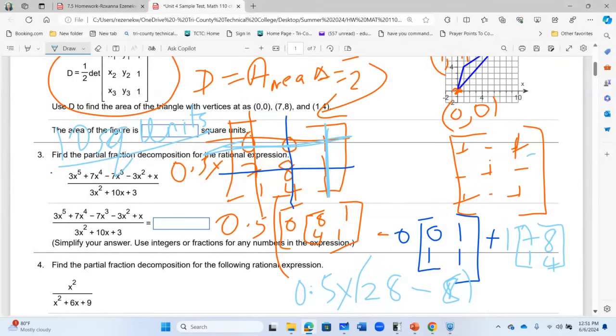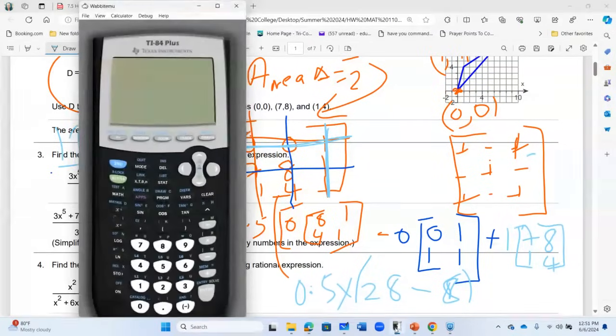But if I want to use my calculator, I'll just put that in my calculator and find the area. So I will edit the matrix: turn my calculator on, second quit, then clear, and go to second matrix, and edit matrix A. It doesn't have to be A, and it's a 3 by 3, so this is fine.